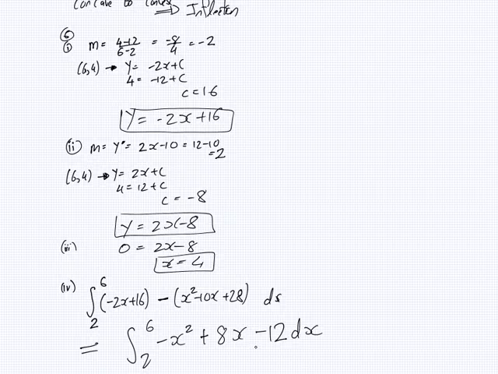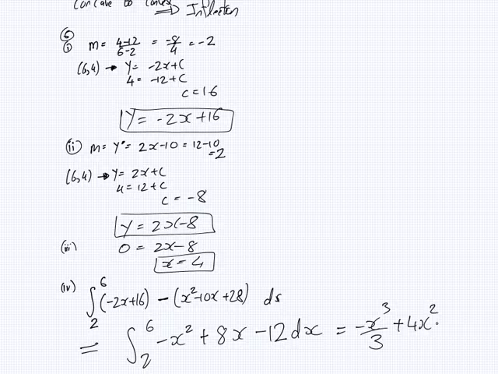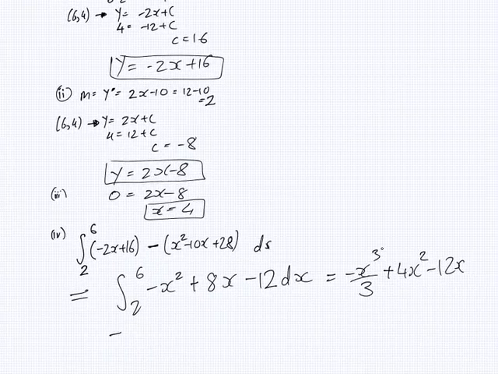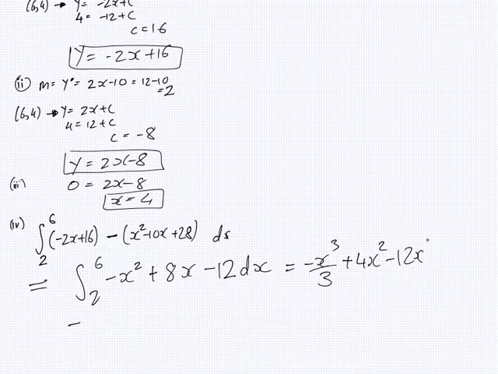Is that right so far? Just simplifying. Yeah, and then this is equal to minus x cubed over 3 plus 4x squared minus 12x. And the limits are 2 and 6.